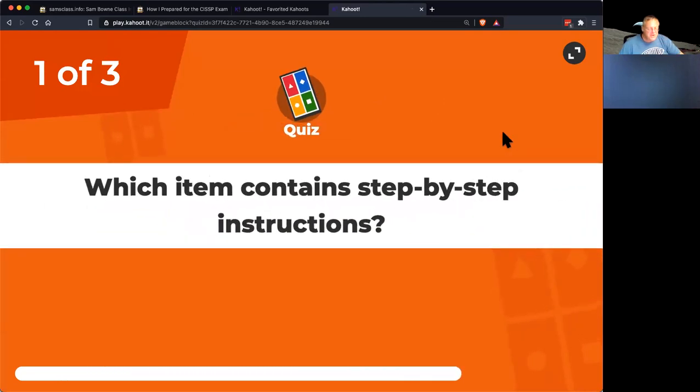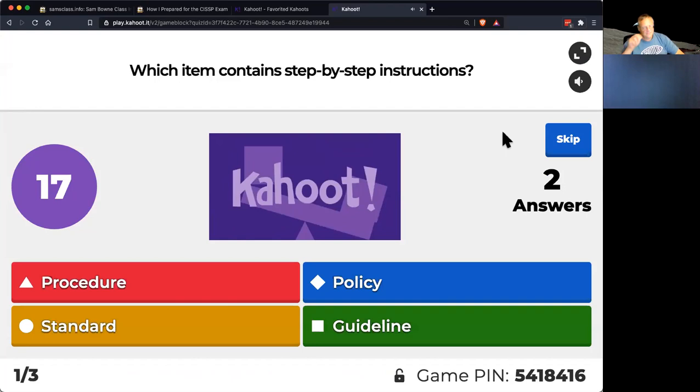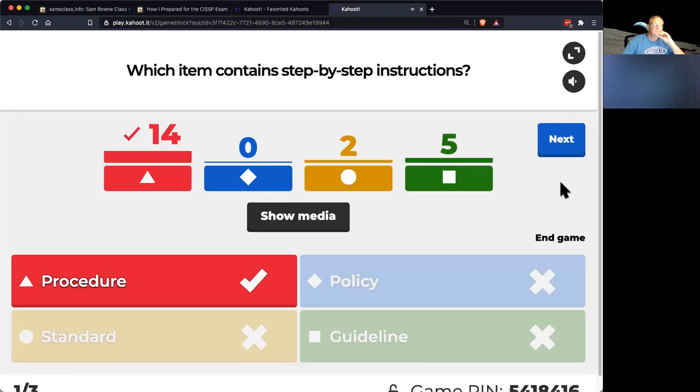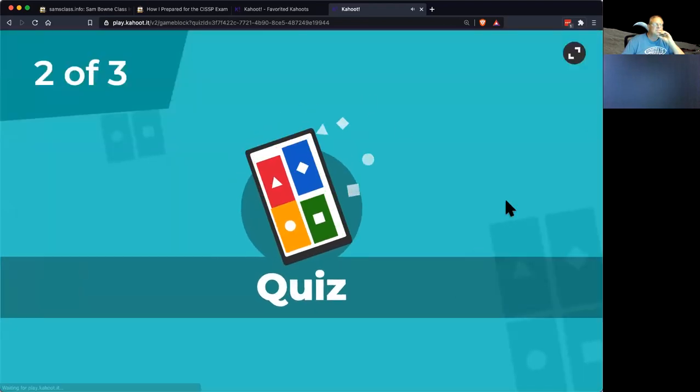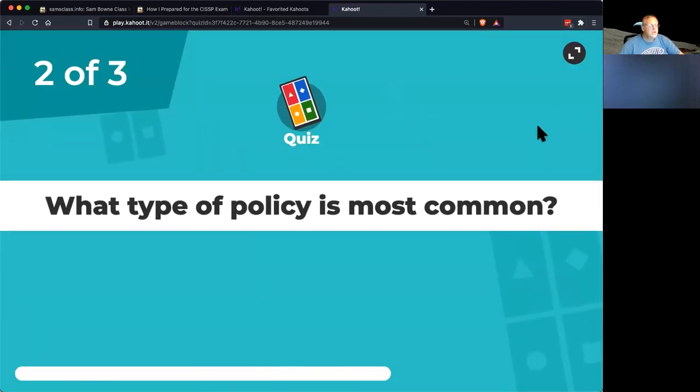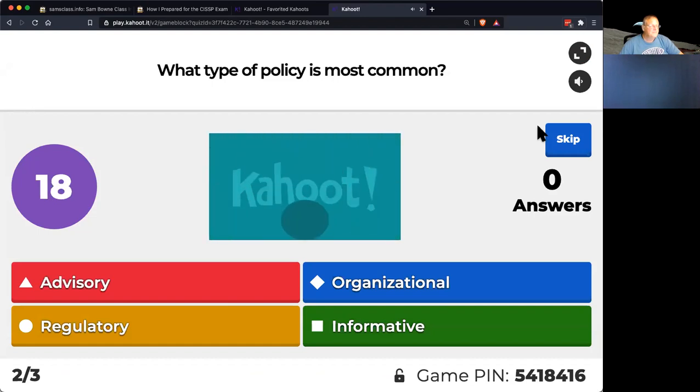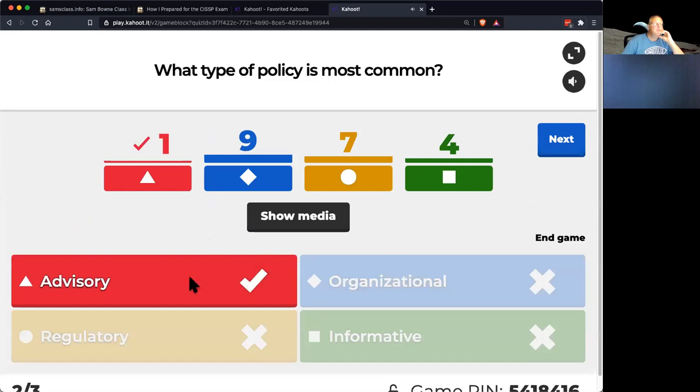So, which one has step-by-step instructions? The procedures. All right. What's the most common policy? Most of them are advisory.